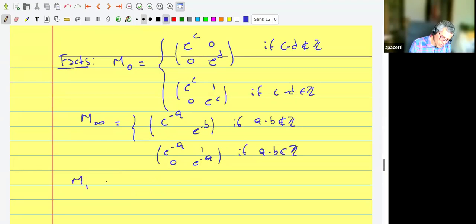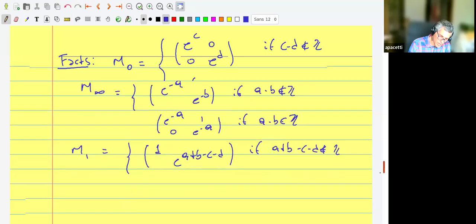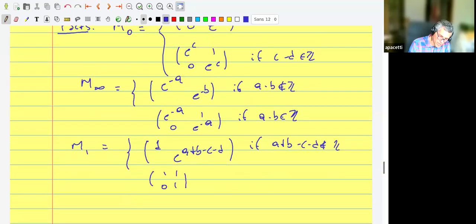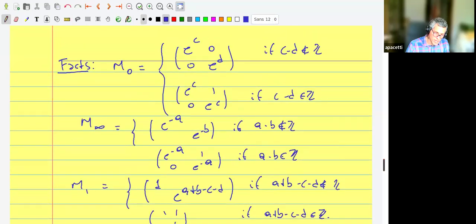And at last the matrix at 1, I'm going to define it to be 1, e to the a plus b minus c minus d, if the sum is not an integer, and I'm going to define it to be 1, 1, 0, 1, if it is. Okay, so this is just a formula. I'm just defining three matrices, what I'm calling M0, M1, and M infinity.